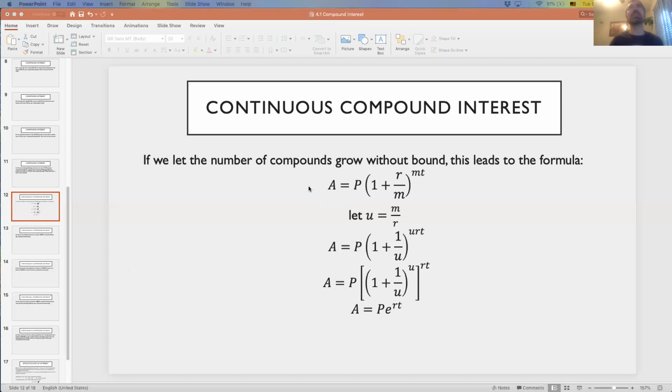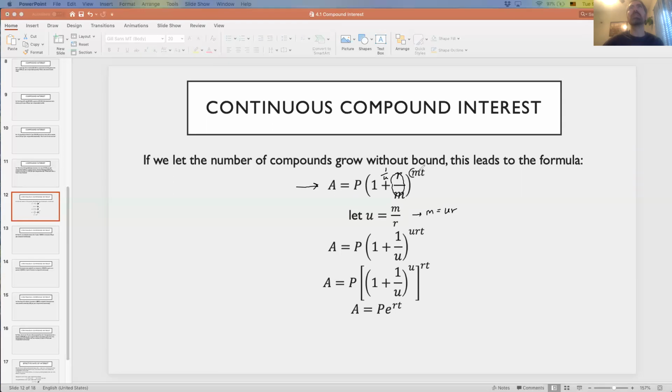So this is the regular compound interest right here: A equals P times (1 plus R over M) raised to the M times T. Right, so if we let U equal M over R, then R over M would become 1 over U. And if we took this U equals M over R and solved for M, that would give us UR.